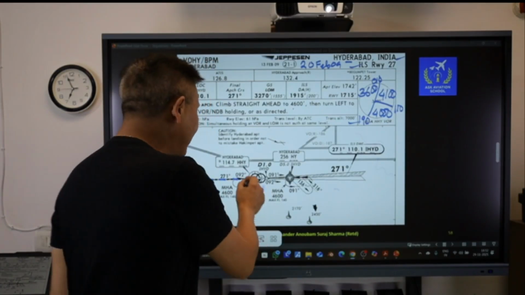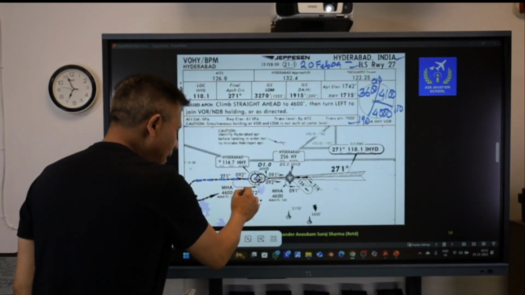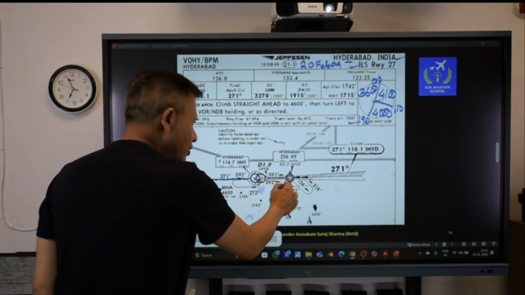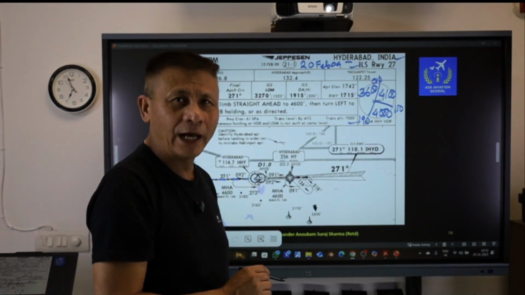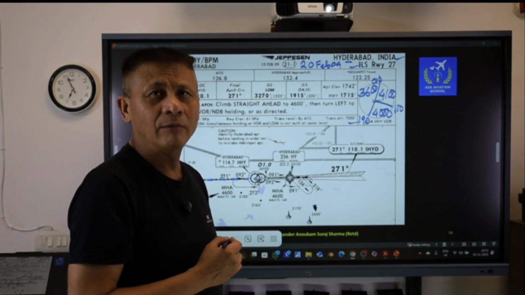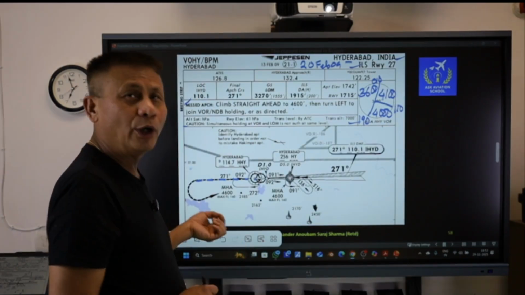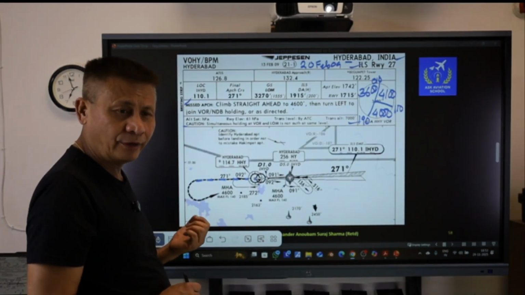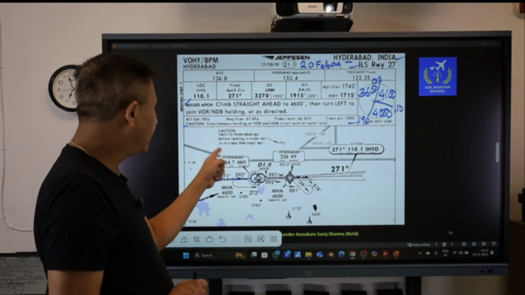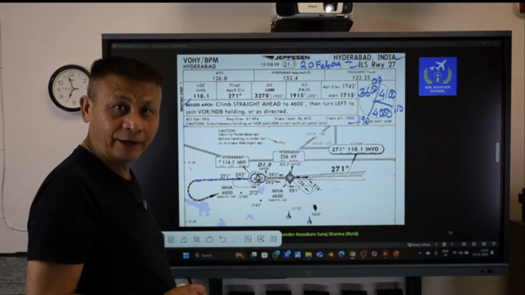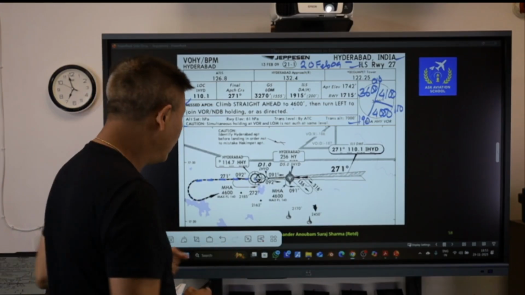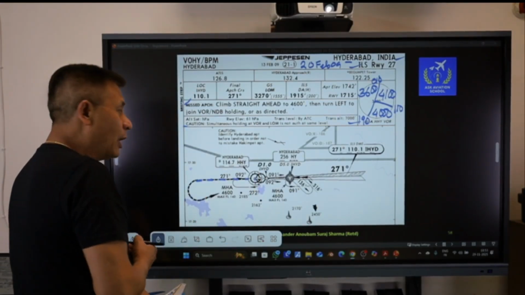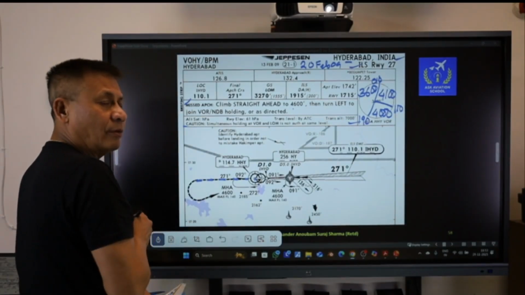If you have to hold at this place, which is over the VOR, and at the outer marker at this place, two aircraft cannot hold at the same time if their flight level is the same. You may be coming from any direction onto this VOR. So there are a couple of procedures which need to be followed, which will be based on the inbound of this VOR holding.